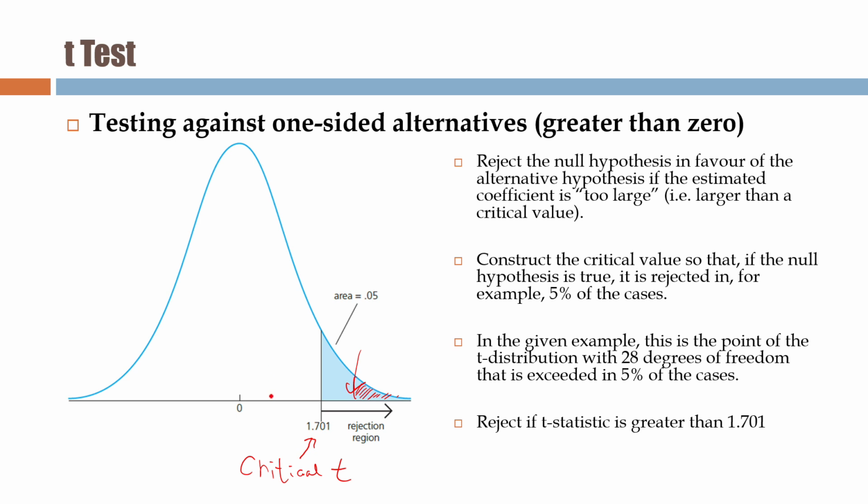If our t calculation happens to be here, then the probability of getting this t... hypothesis testing is always like that: if the null hypothesis is true, what is the probability of getting our current t, right?